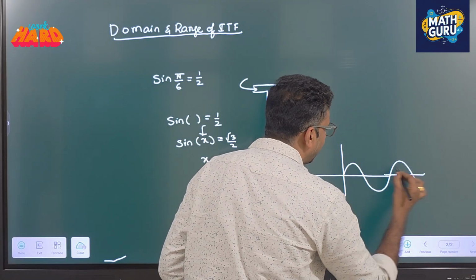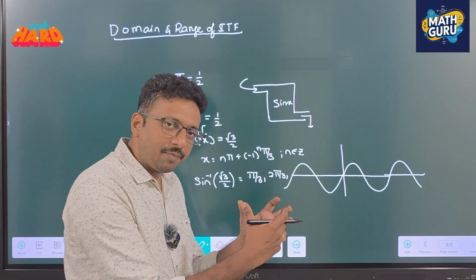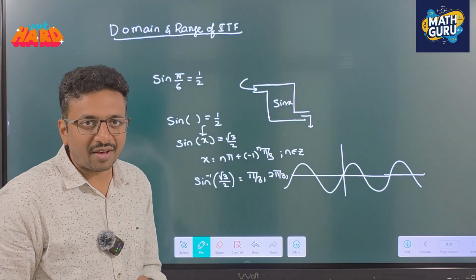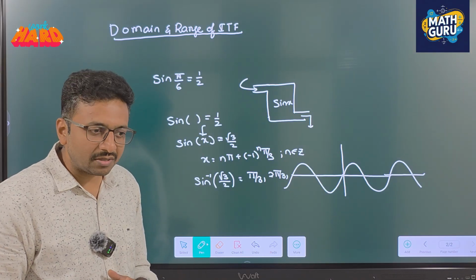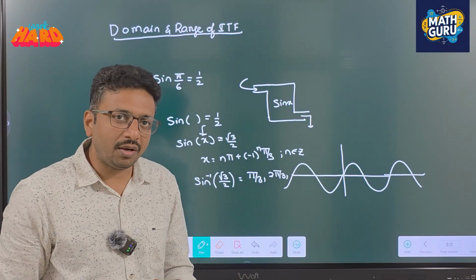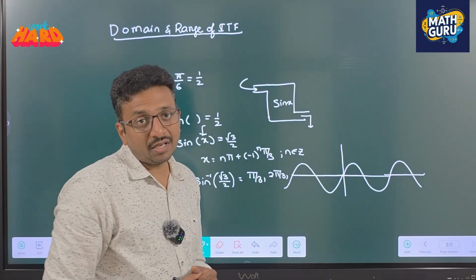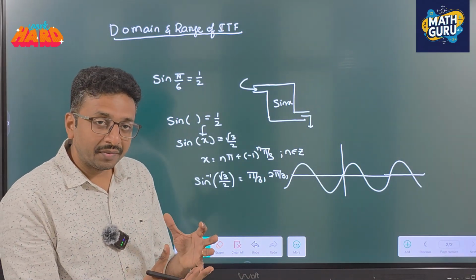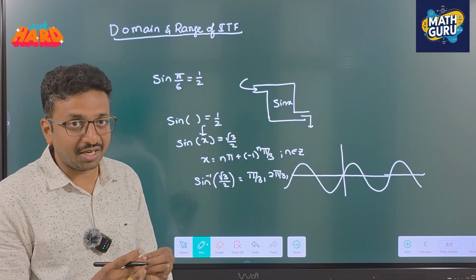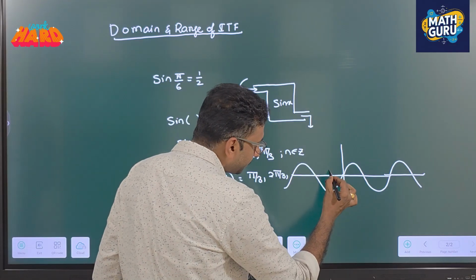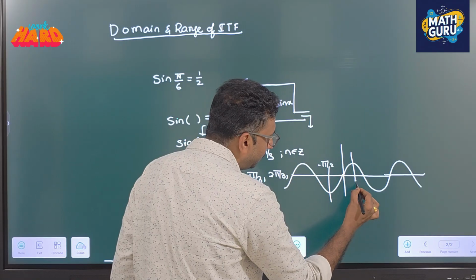That is, different values of x don't give different values of y. There can be multiple values of x which give the same values of y. The understanding is that in functions, the inverse function exists only for bijective functions. A non-1-1 function can be made into a 1-1 function by appropriately restricting the domain. So what we do is we restrict the domain from minus pi by 2 to pi by 2.